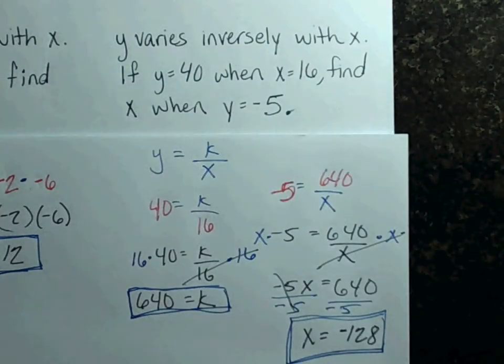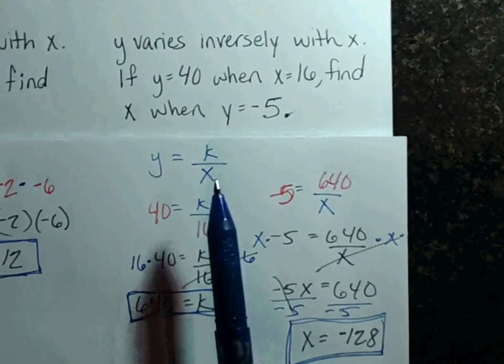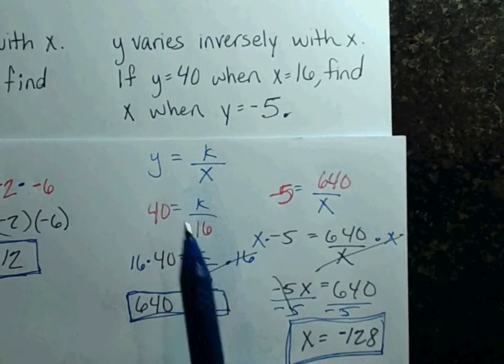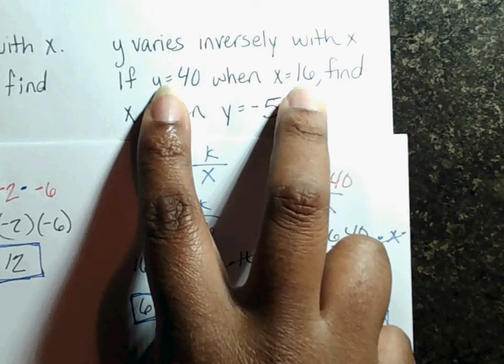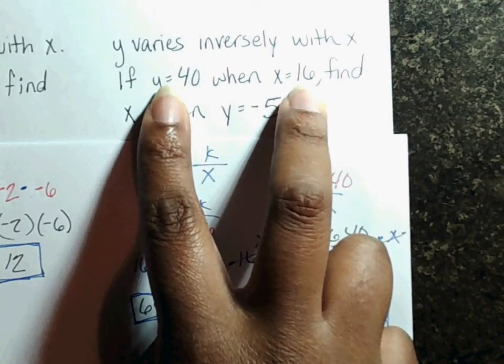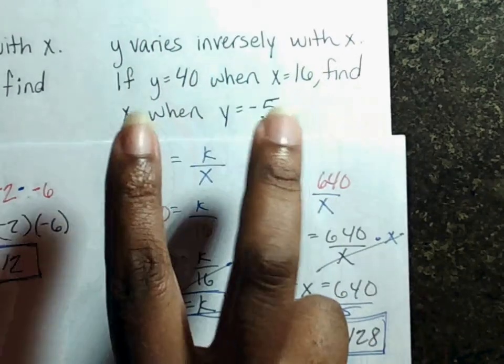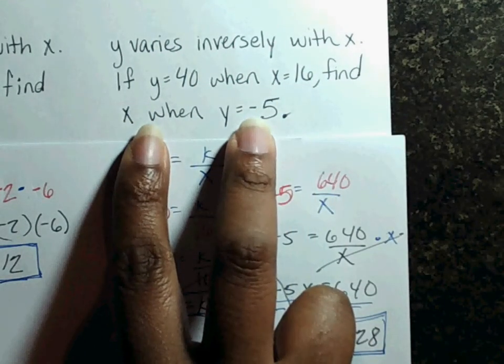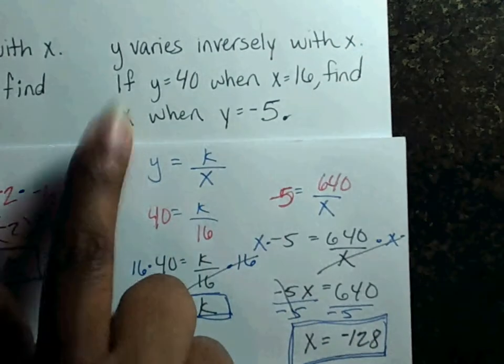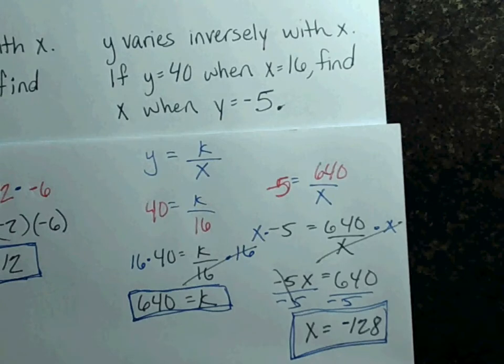Once you know the formula, you write the formula down. Substitute in your pair. Always start with the pair they gave you. That will help you find k. Once you find k, use the half pair they gave you with the k that you just found, and it'll tell you what the other half is. That is it.